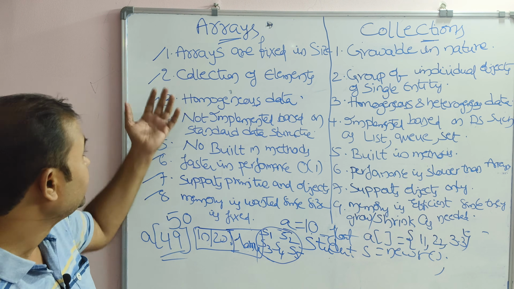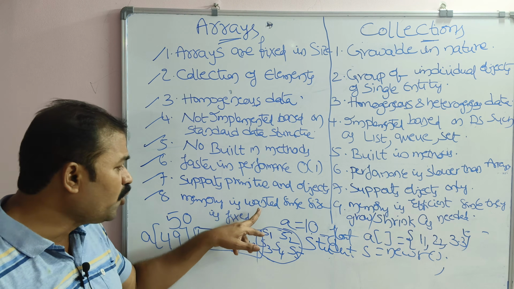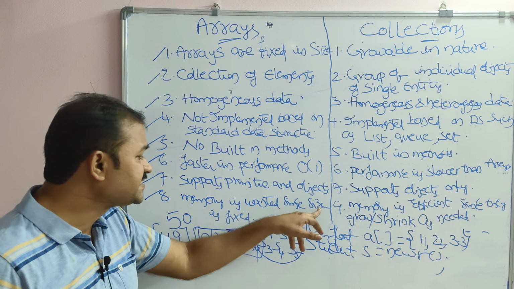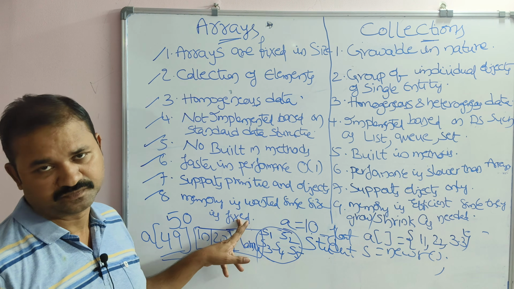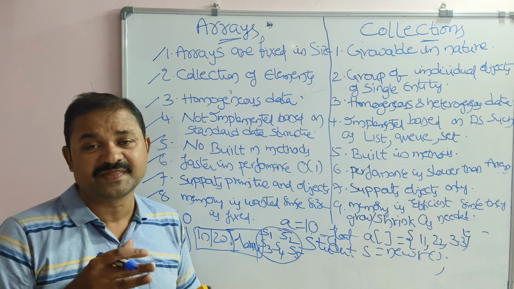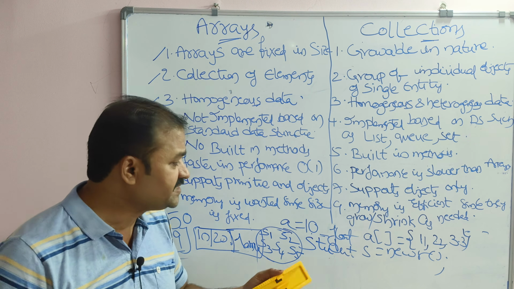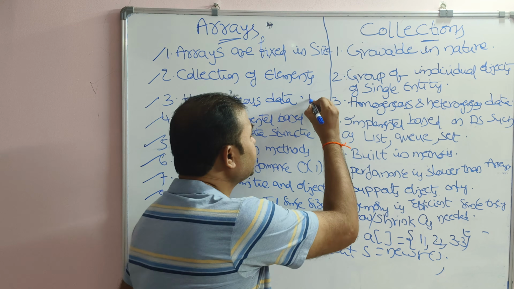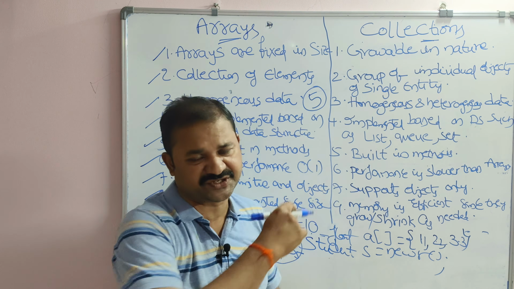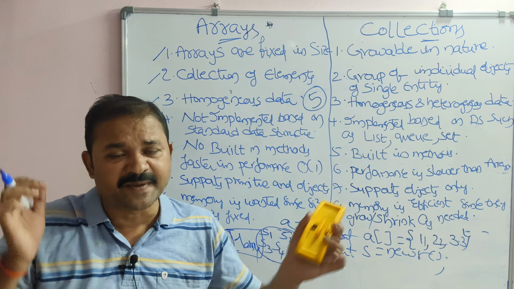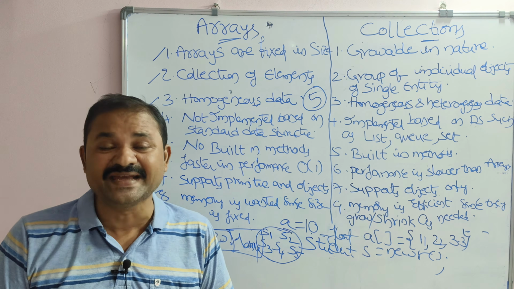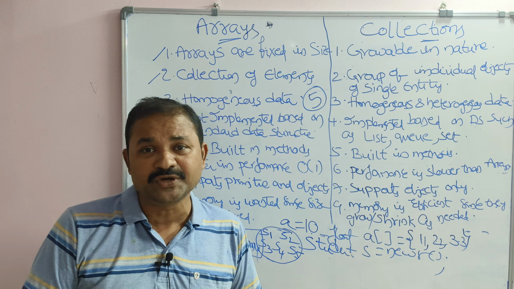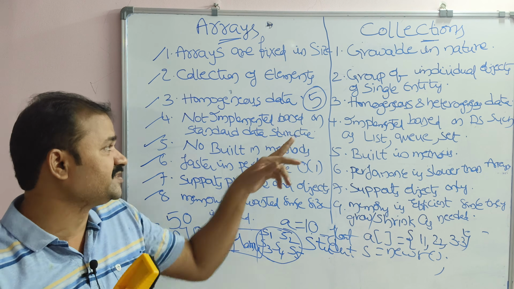Next, if we take arrays, the memory is wasted since the size is fixed. Let us assume that the memory is allocated for 5 elements, but I want to use more than 5 elements.